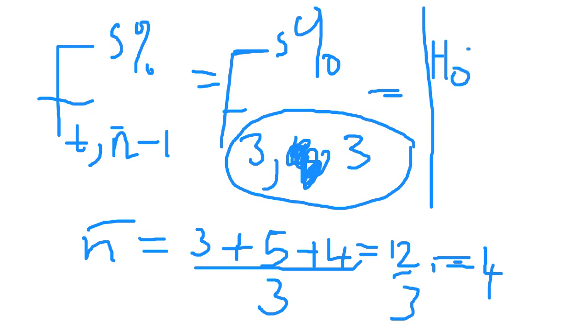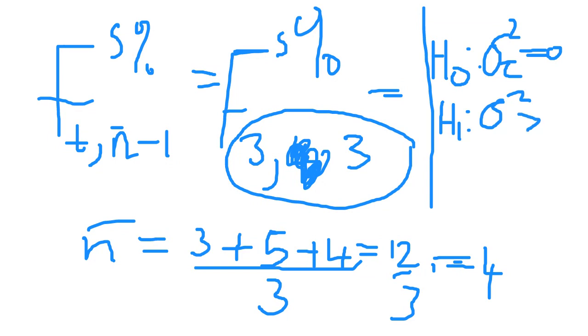We're going to test if the variance of the treatment is equal to 0, or if the variance of the treatment is greater than 0. You see, this one is the variance of the tau. So the next section is about testing if the variance is equal to 0 or if the variance is greater than 0.